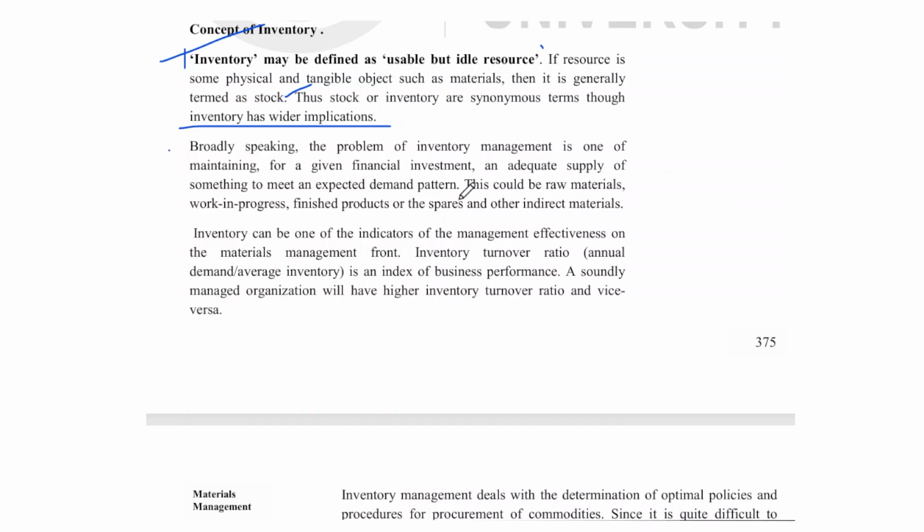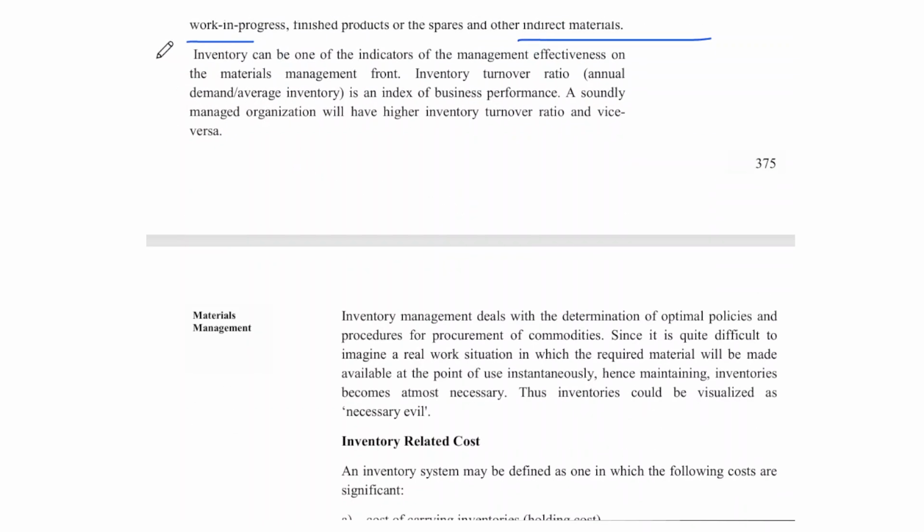This could be raw material, work in progress, finished product, or spares and other indirect material. Inventory can be one of the indicators of management effectiveness in material management. And inventory turnover ratio is an index of business performance. A soundly managed organization will have a higher inventory turnover ratio and vice versa.